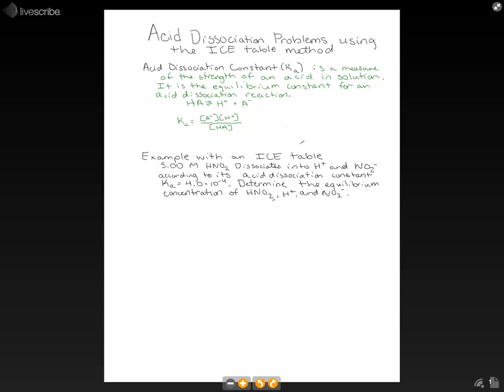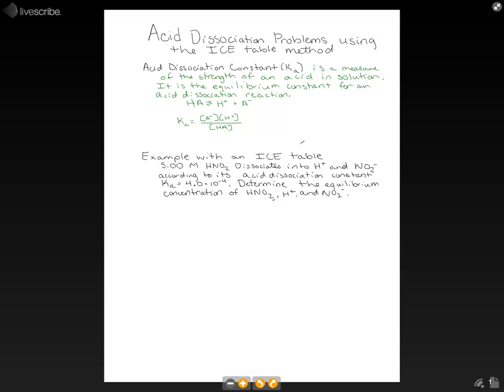So now let's do an example with an ice table. We have 5 molar HNO2 that is going to dissociate into H plus and NO2 minus according to its acid dissociation constant, Ka, which equals 4.0 times 10 to the negative fourth. And we're going to determine the equilibrium concentration of HNO2, H plus, and NO2 minus.